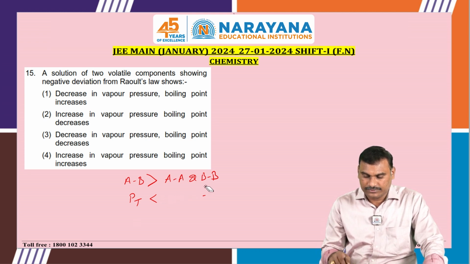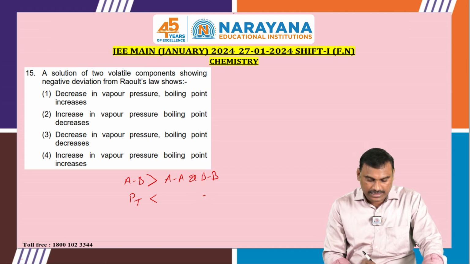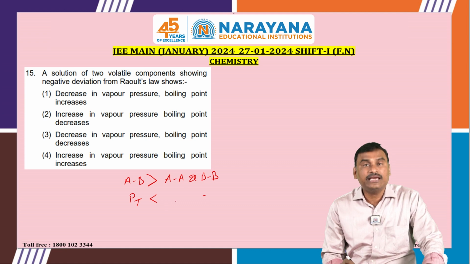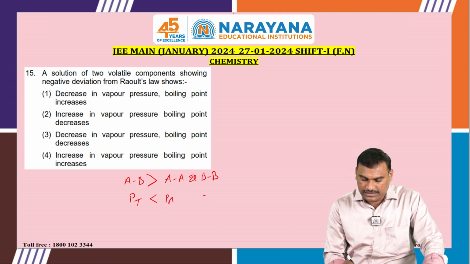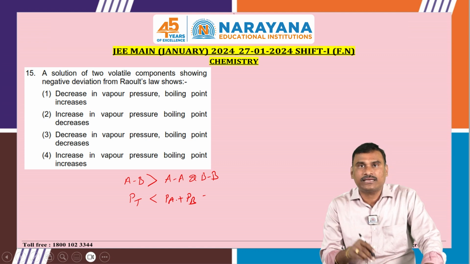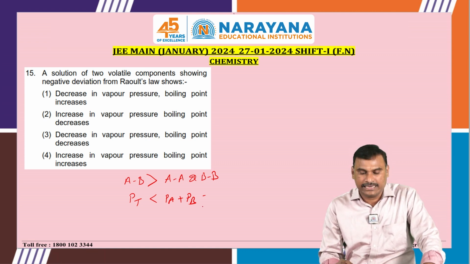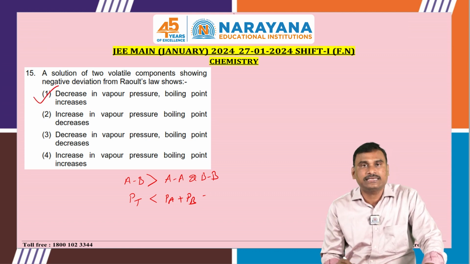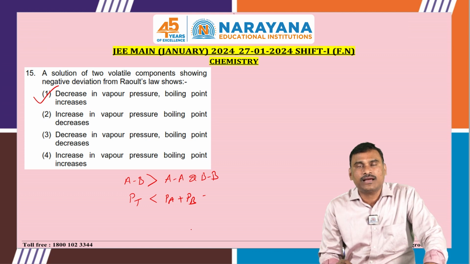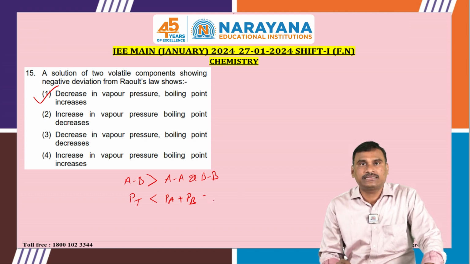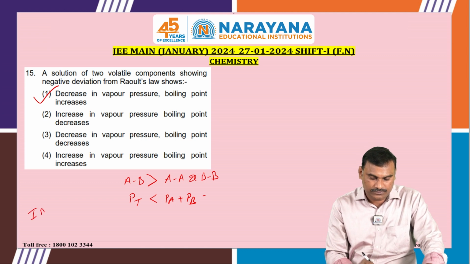Before mixing, the interactions are weaker than after mixing. Therefore, the P total is lesser than PA plus PB. Because the interaction increases after mixing, the vapor pressure decreases and the boiling point increases. Since after mixing the intermolecular forces are greater than before mixing, the intermolecular force is inversely related to vapor pressure.